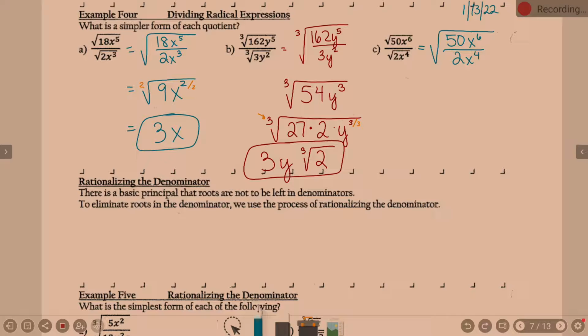Can they divide? Yeah. Of course they can, because they're in the top section of notes here. Okay? So, I'm going to keep my square root. What is 50 divided by 2? 25. What is x to the 6th divided by x to the 4th? 6 minus 4 is 2, so x to the 2nd.